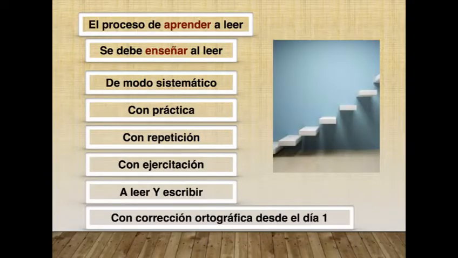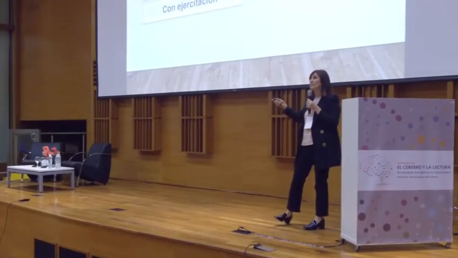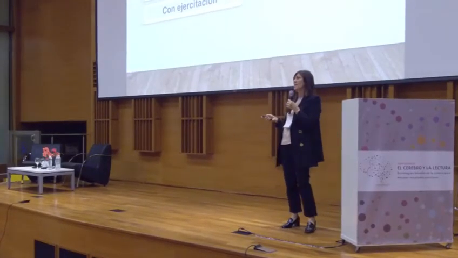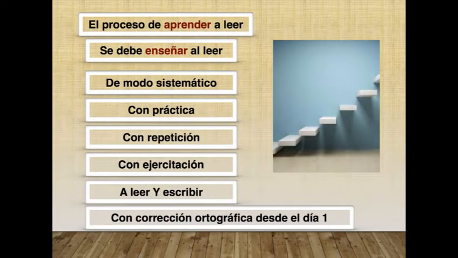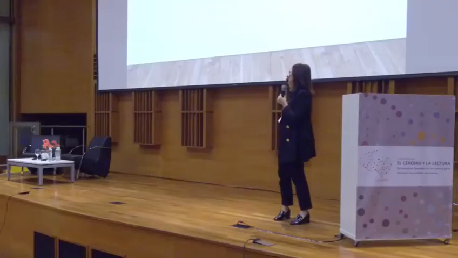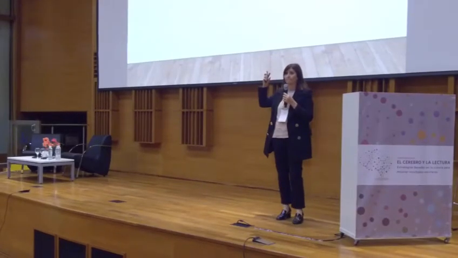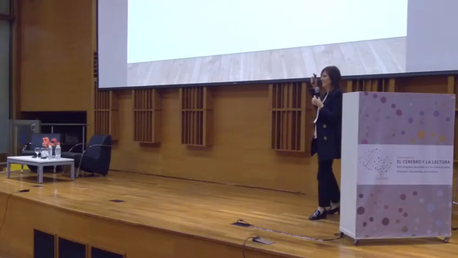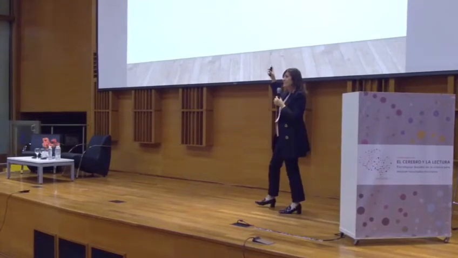I need repetition, repetition, and repetition. I need exercises, dictation, writing, reading, multisensory practice. I need to learn how to read and how to write. And also, I need to learn how to write with good spelling from the very beginning.